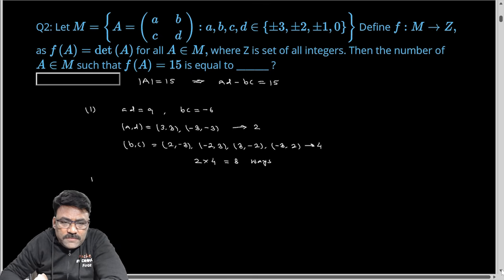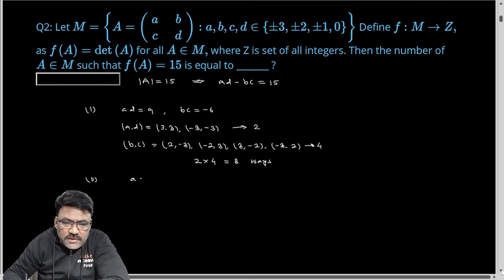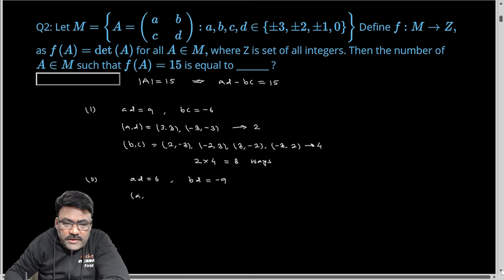Now second case, how can we form 15? One more possibility is there. Just reverse the result. Let's say AD is 6 and BC is minus 9. So now what will be AD?